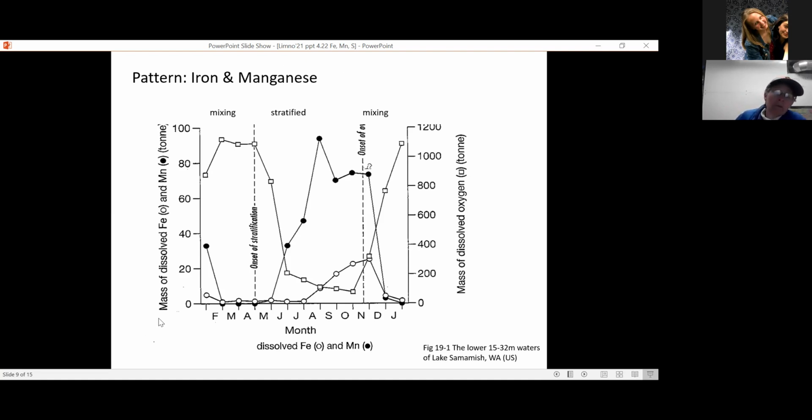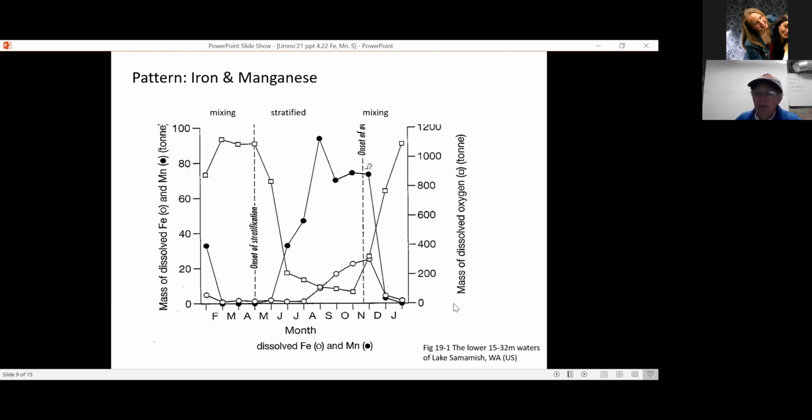On the left, these numbers here are the mass, if you can believe that. They took the concentration and multiplied it by the volume of the lake to get the total mass, but whatever. In terms of the curve, it's the same shape as if they just used concentration of iron, which is the open circles, and the manganese, which is the closed or filled in circles.